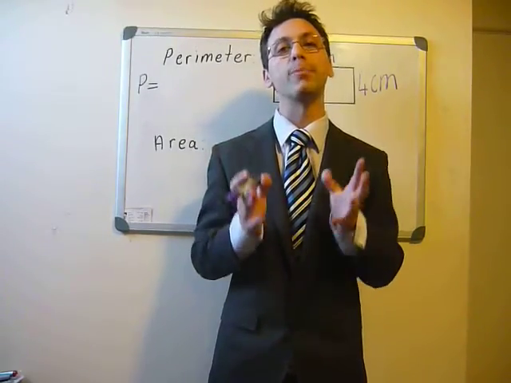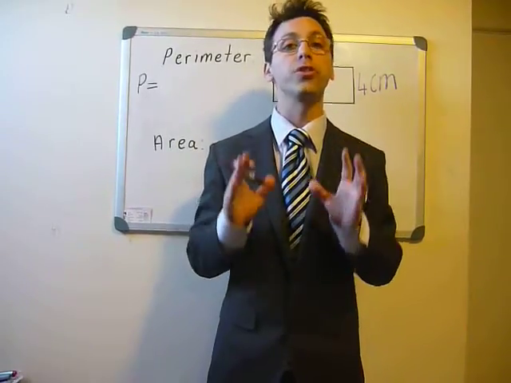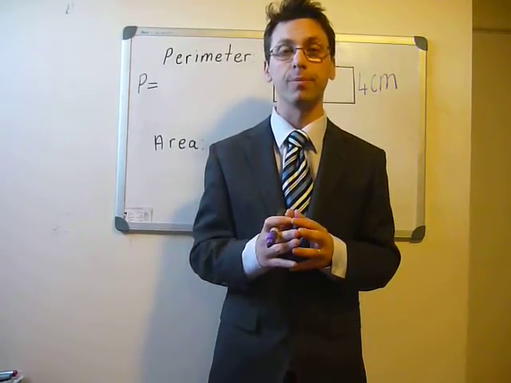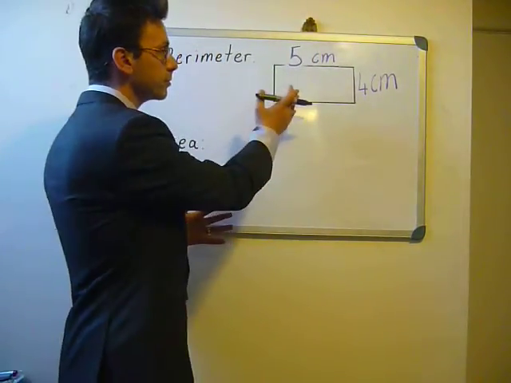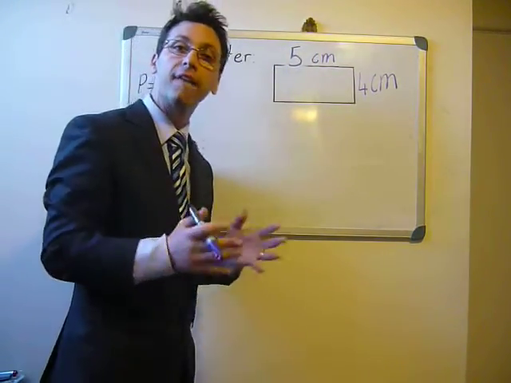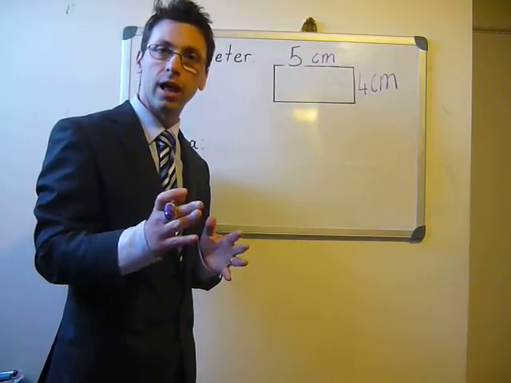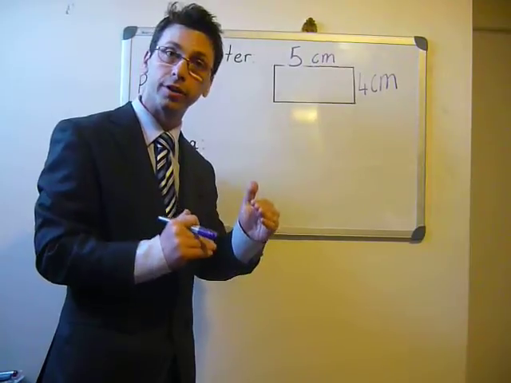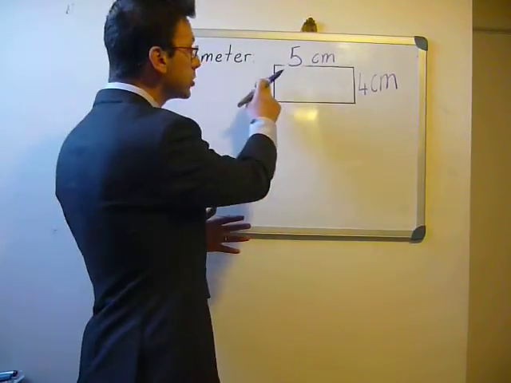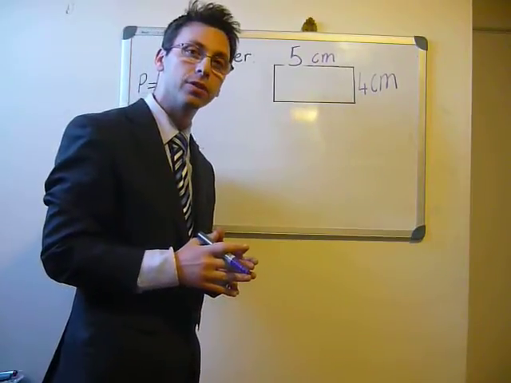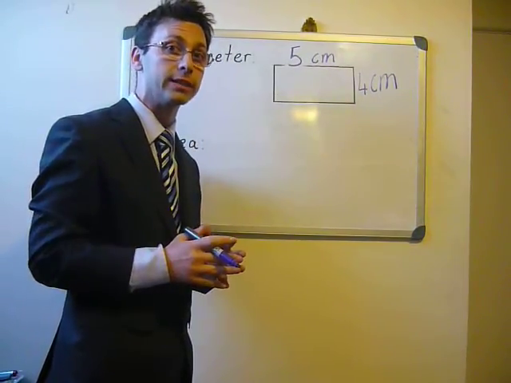How you work out the perimeter of a shape is adding up all the sides of this shape. We'll use this shape as an example. This shape is a rectangle, but we know a rectangle has two sides opposite exactly the same size. So in this shape, you don't have the size, but we know what a rectangle is.